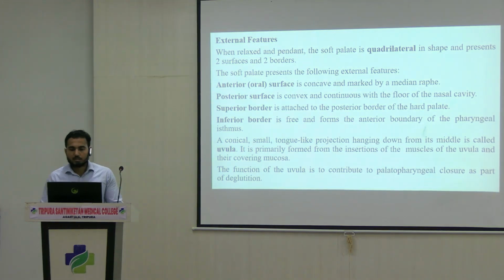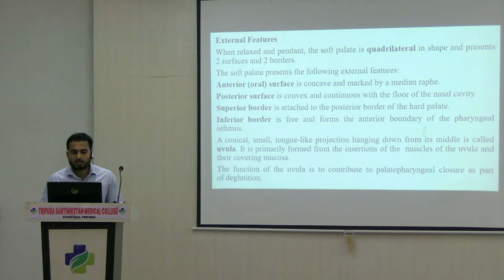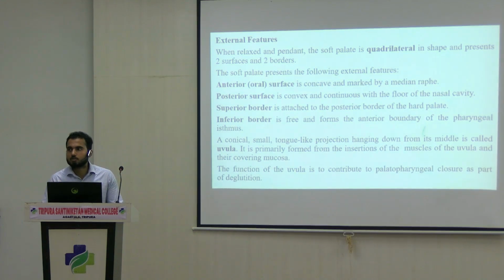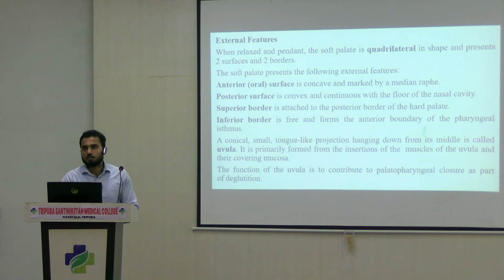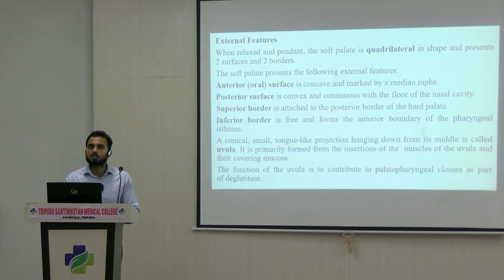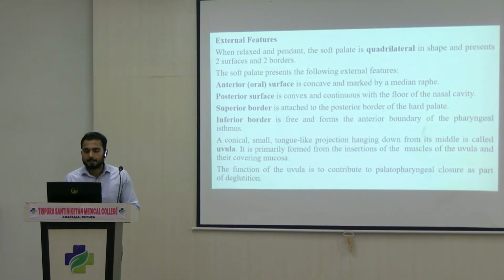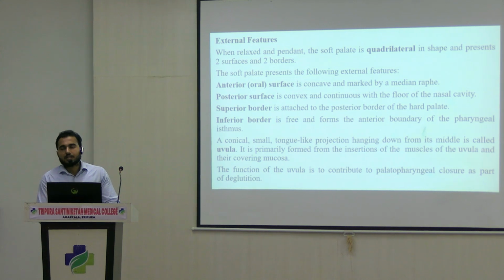As you can see, it is quadrilateral in shape when it is not contracting, and it has two surfaces and two borders. What are those? Anterior surface and posterior surface, superior border and inferior border. Now you have to understand the surfaces. The anterior surface is the oral surface and it is concave. In the oral surface, the median raphe is present.